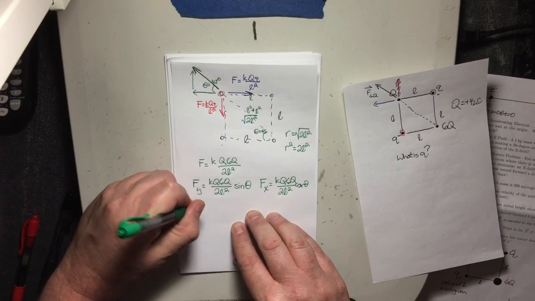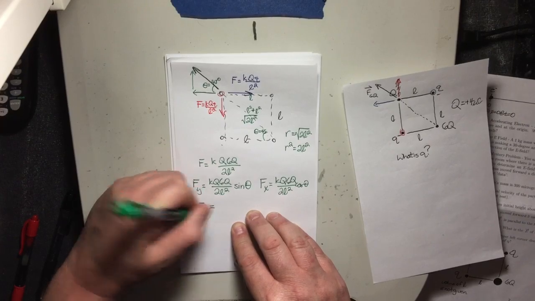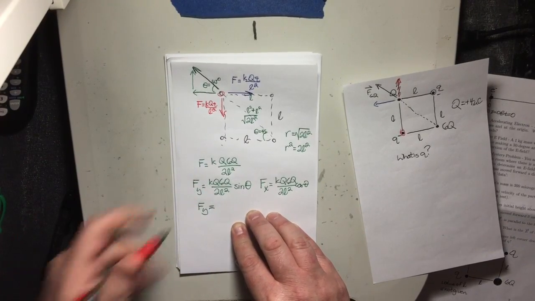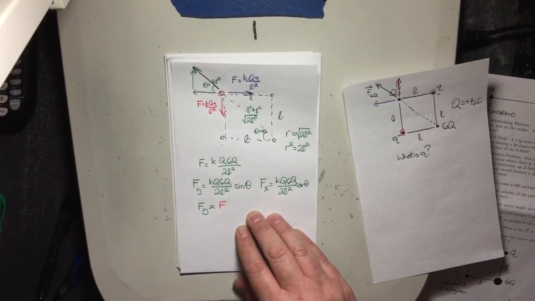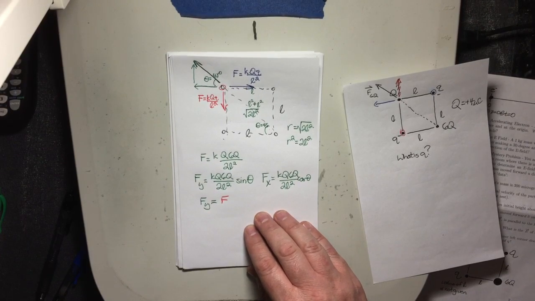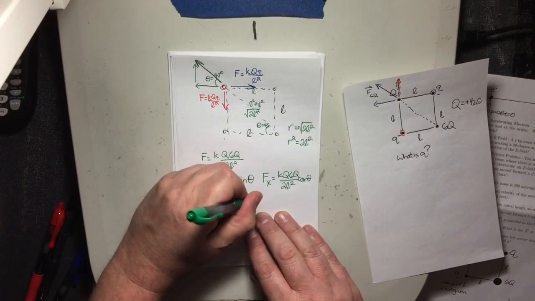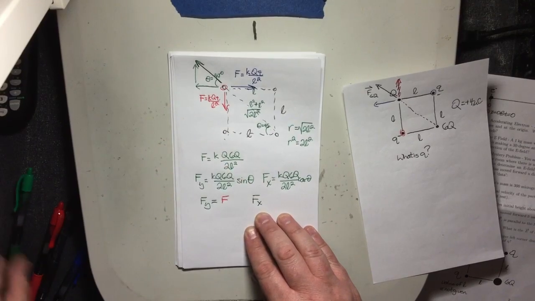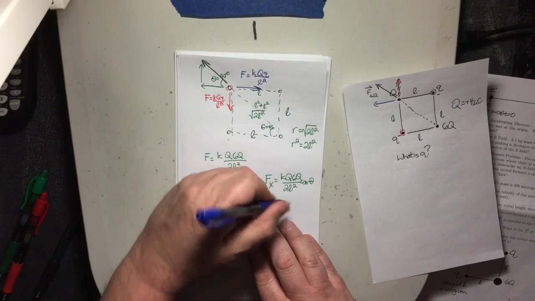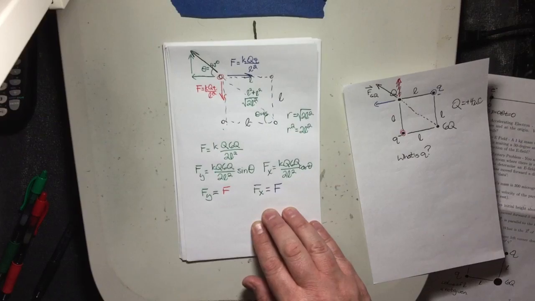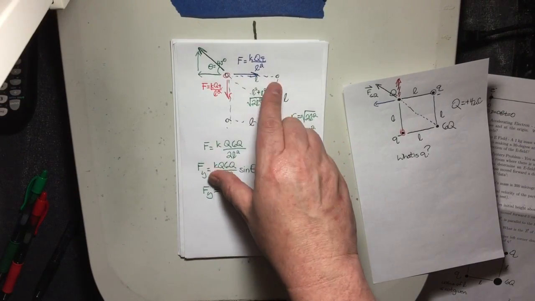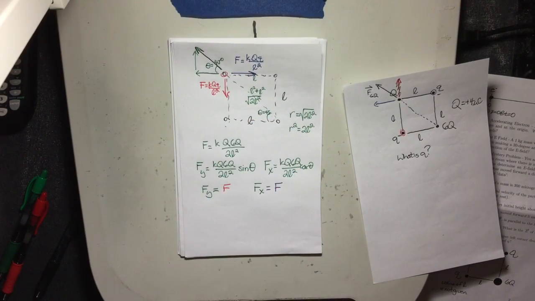So we can say that Fy is equal to, if we're going to be consistent with colors, that red F, and Fx will equal blue F. Blue F is the horizontal, red F is the vertical.